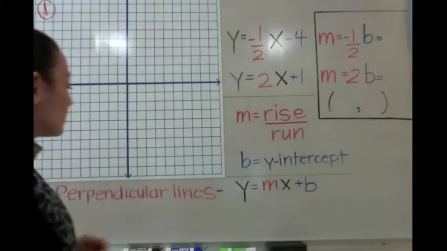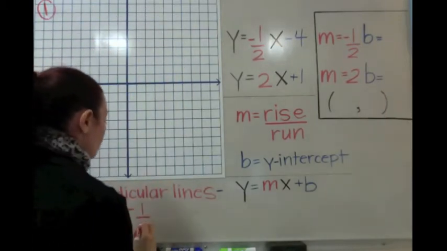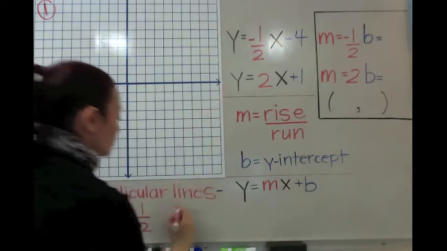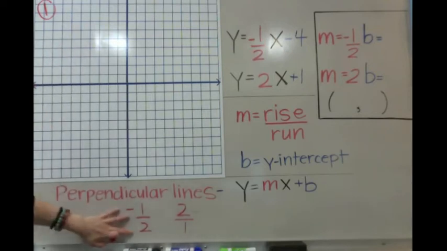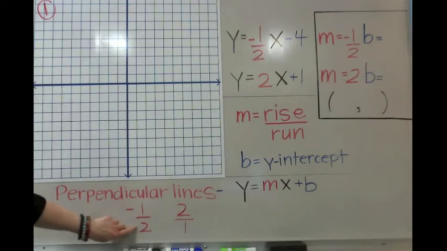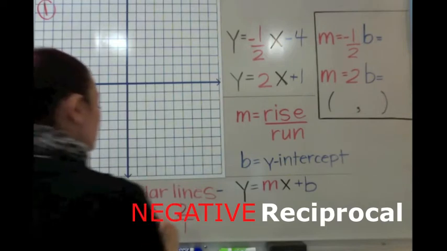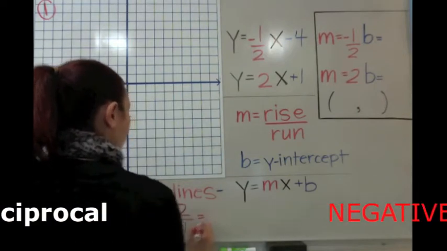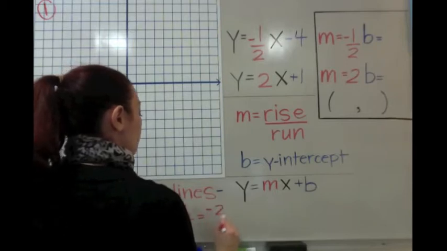But if you take a look at their slopes, I'll put it down here. Negative 1 over 2, as well as 2. Could we put that over 1? Yes, absolutely. So these are two different slopes, but what they are called are negative reciprocals, which means if I multiply them together, negative 1 times 2 is negative 2.